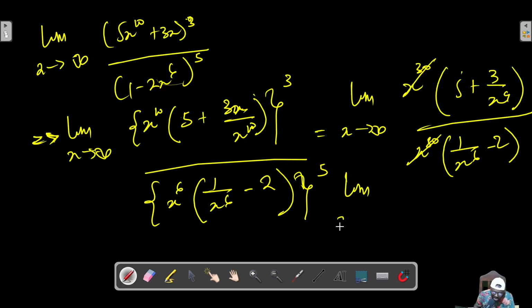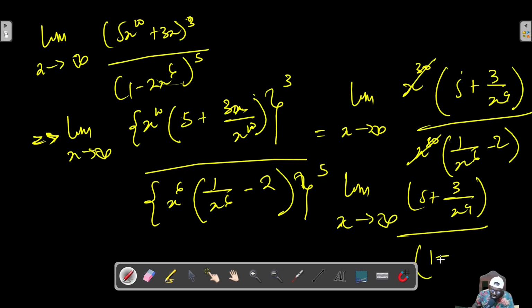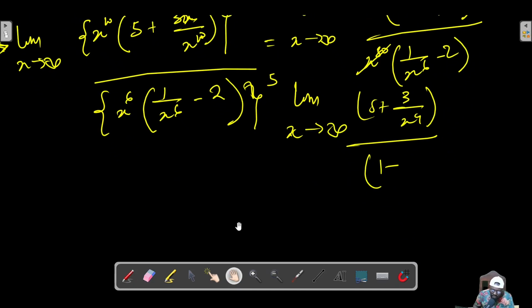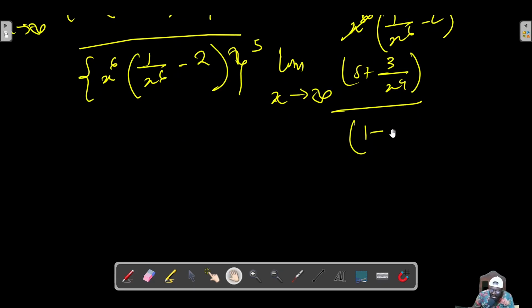So I have the limit as x approaches infinity of the expression 5 plus 3 divided by x to the power 9, divided by 1 over x to the power 6 minus 2.